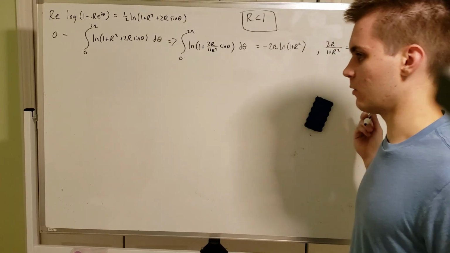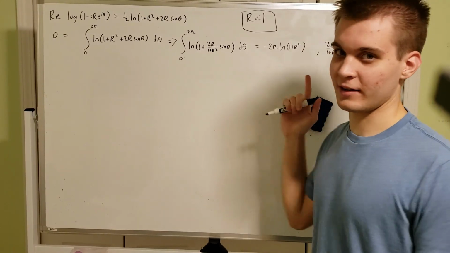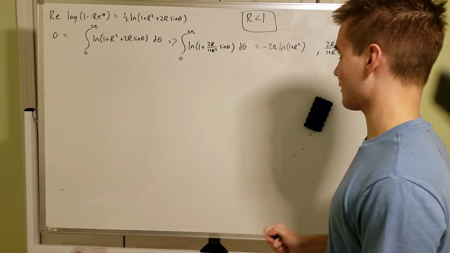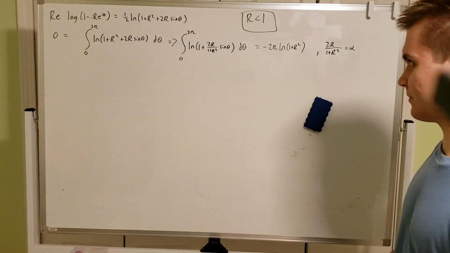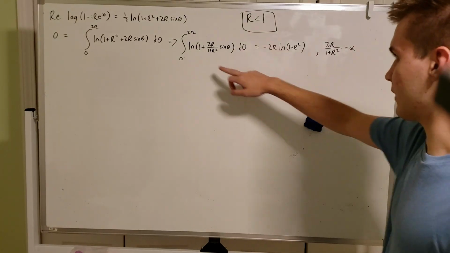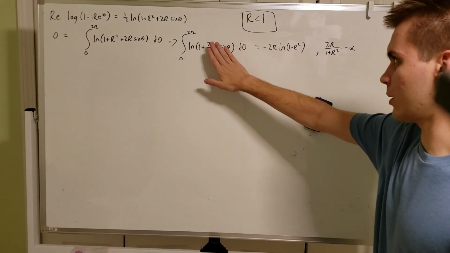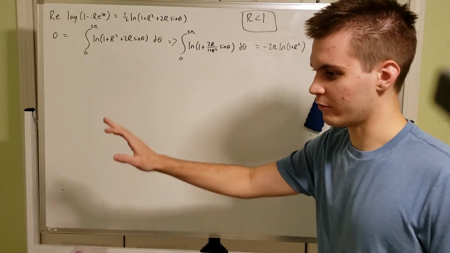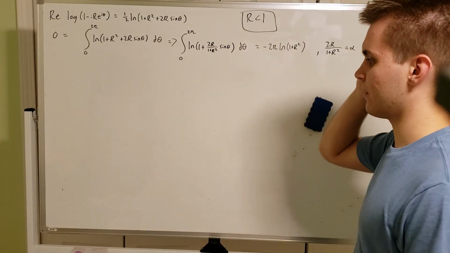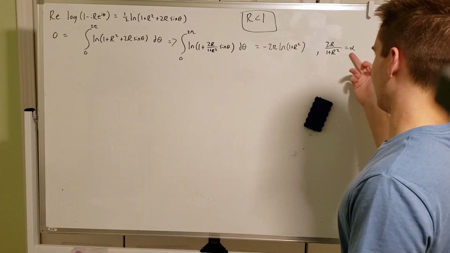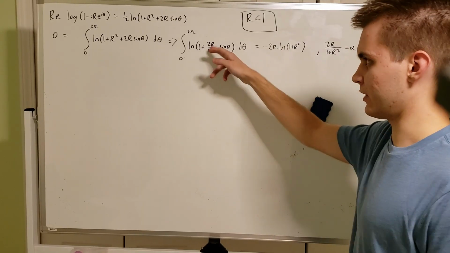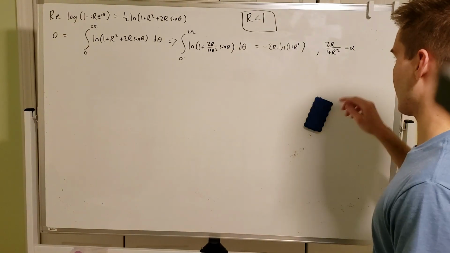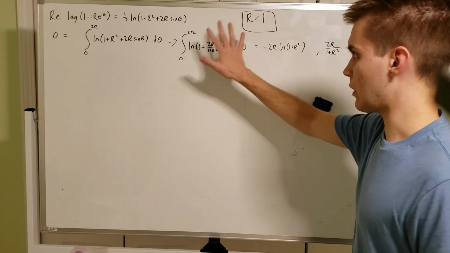I'm sure this is a well-known trick, but when I thought of this while solving it, I was really proud of myself, because you'll see what I mean. We'd rather solve for the integral of ln(1 plus some coefficient times sine theta), where our coefficient is in terms of one symbol, alpha, instead of this nasty fraction. So we want to make this alpha, but we have an integral in terms of r.